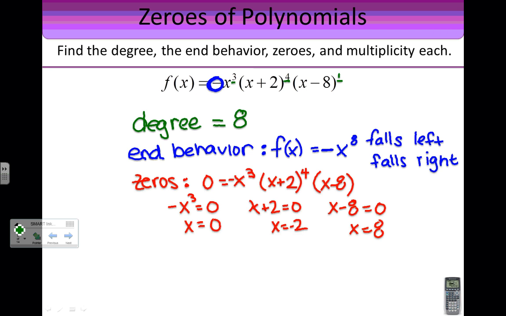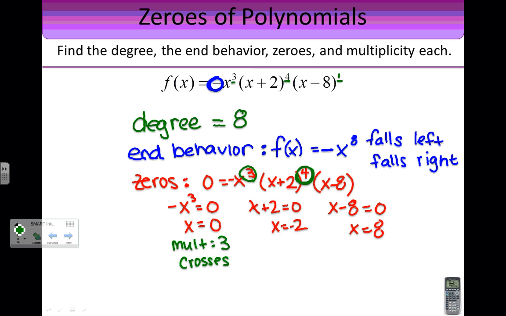This first one, negative x cubed, had a multiplicity of 3. So a multiplicity of 3, an odd multiplicity, which means it crosses through the x-axis. X plus 2, so x equals negative 2 is a 0, and that had an even multiplicity, which means it's occurring an even number of times in our function.